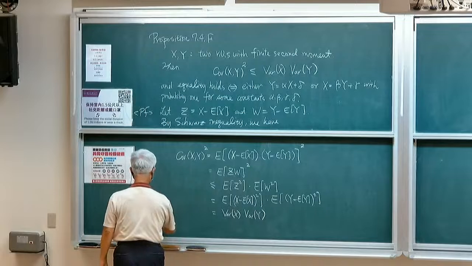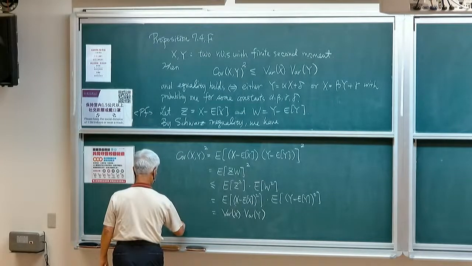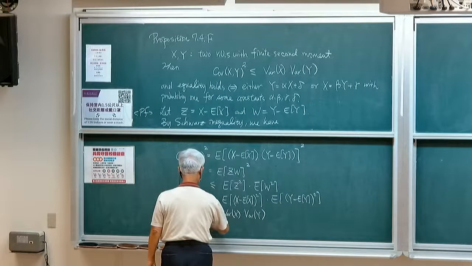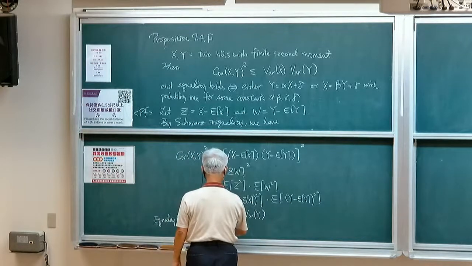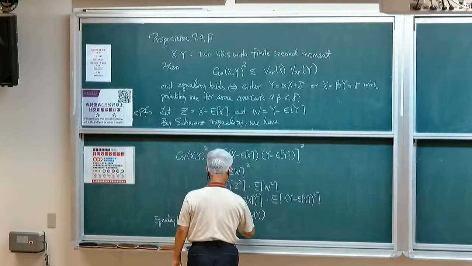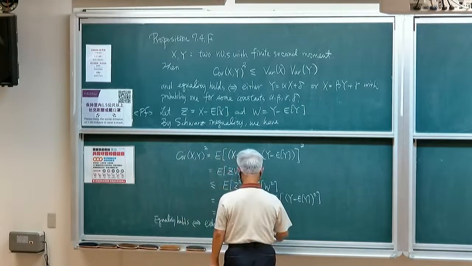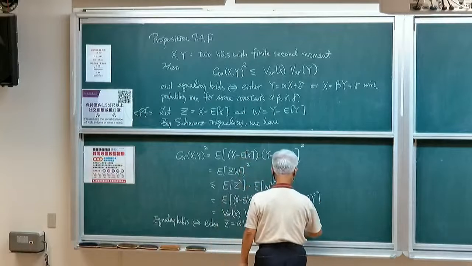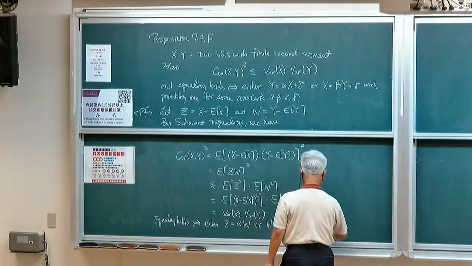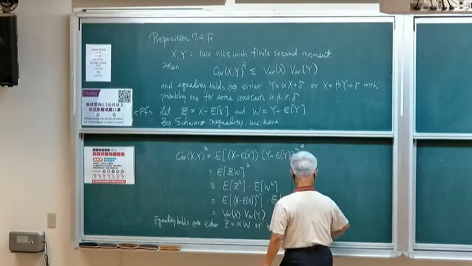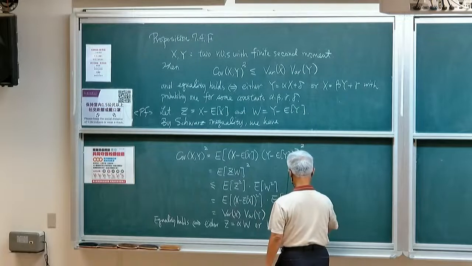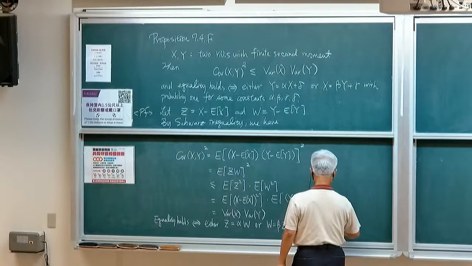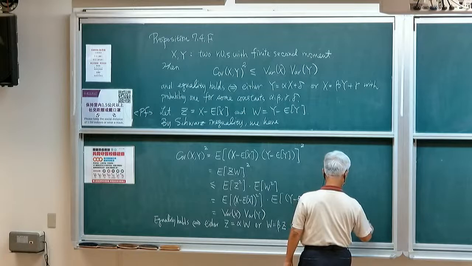And now equality holds, by Schwarz's inequality, if and only if either Z is equal to alpha W, or W is equal to beta Z, for some constants alpha, beta.